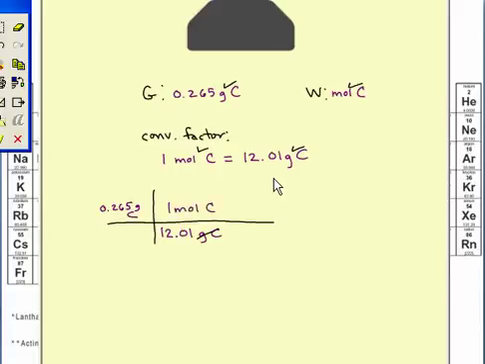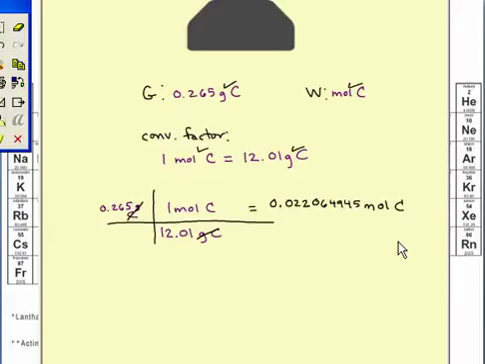Okay, our grams of carbon cancel out. The units I'm left with are moles of carbon. And then when I divide 0.265 by 12.01, my calculator tells me 0.022064945.